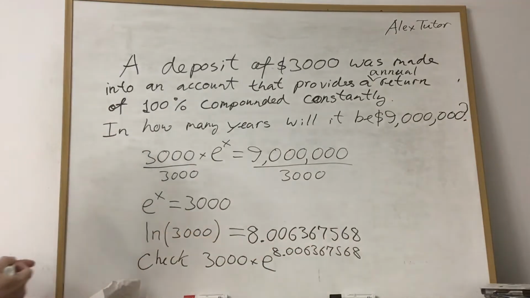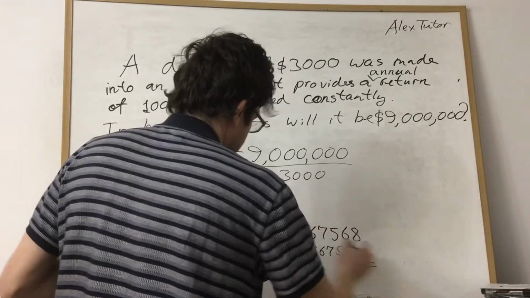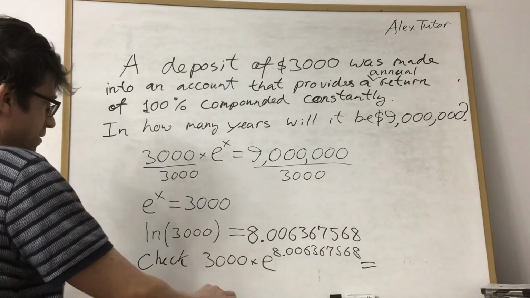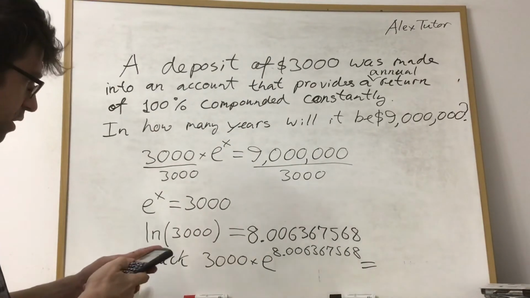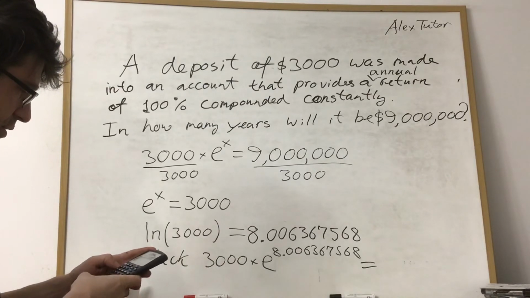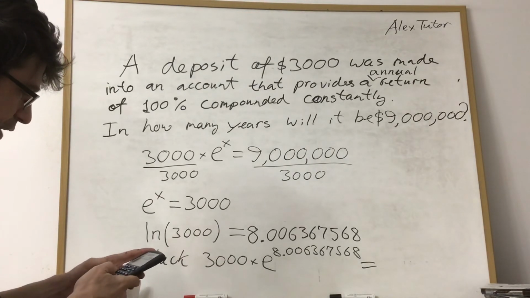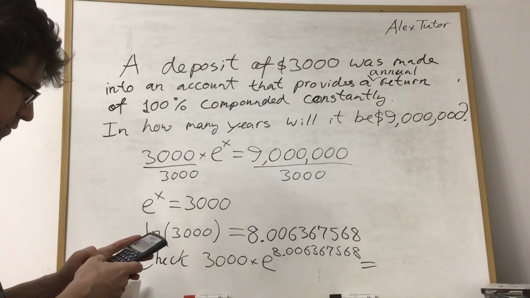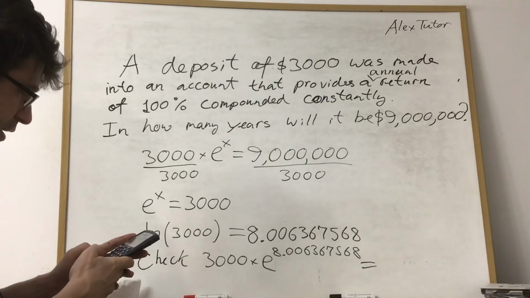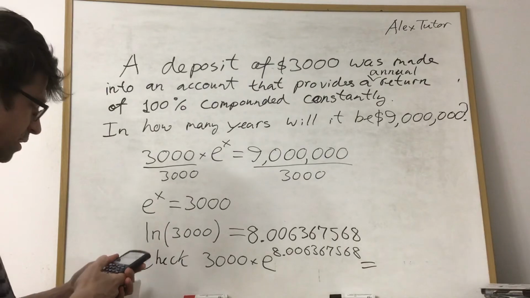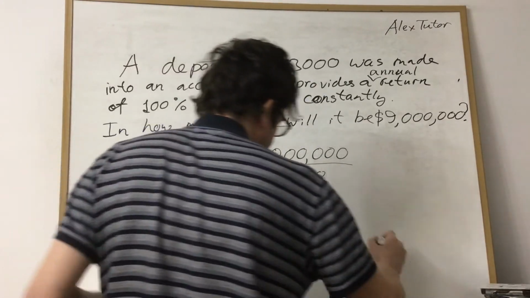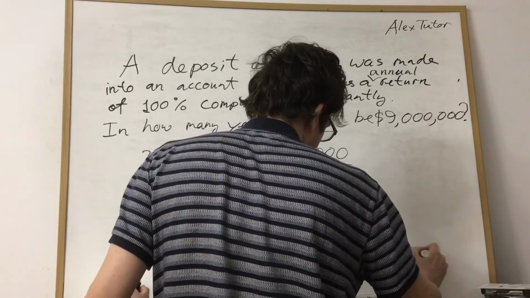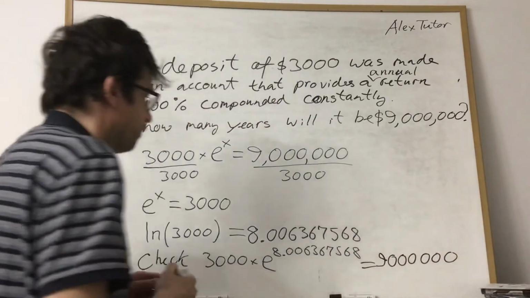It means in 8 years it's going to be $9 million. In 8 years. So 3000 multiplied by e to the power of 8.006367568. Exactly right, it gave me exactly 9 million.